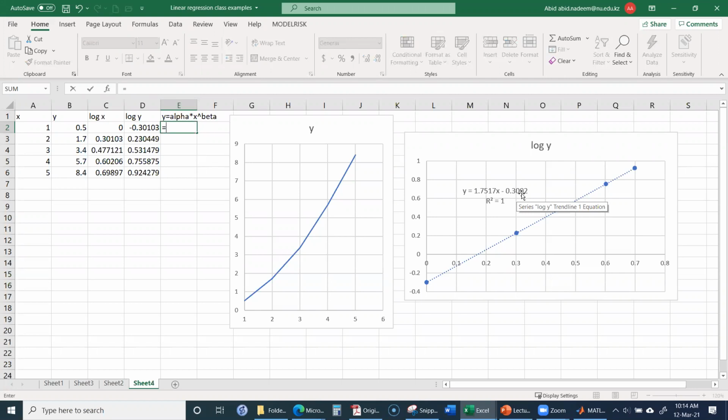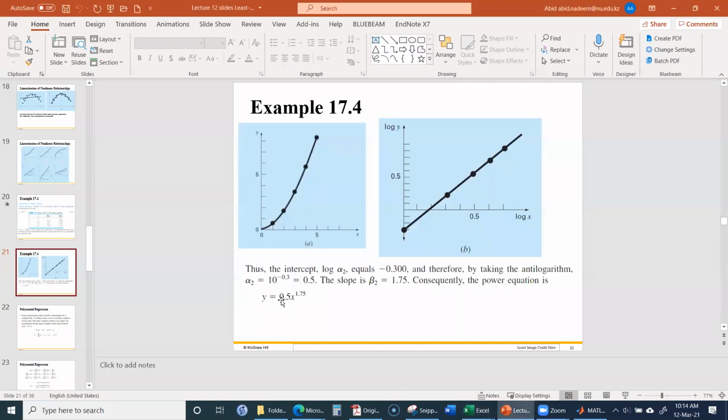Alpha is, no, alpha is 1.75. Yes, it is. Alpha is 1.75. Let me see. Yeah, no, alpha is, so log alpha is minus 0.3.